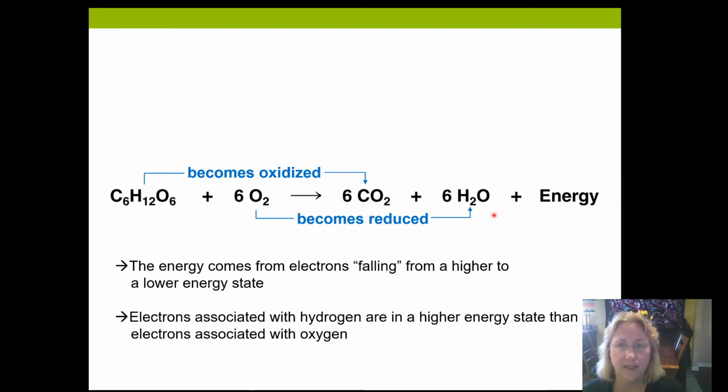So carbon dioxide and water both have no harvestable energy. That's why both of these things are stable molecules, because they are at a low energy state, whereas glucose is much less stable because it has electrons at a higher energy state. And you can get it to react with things more easily.